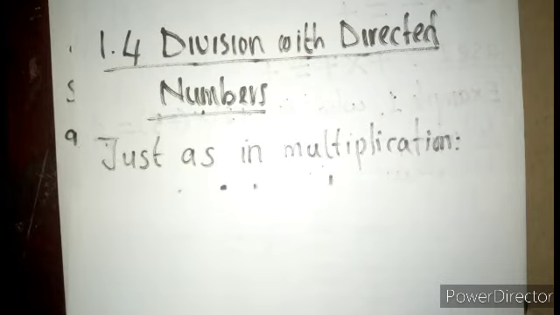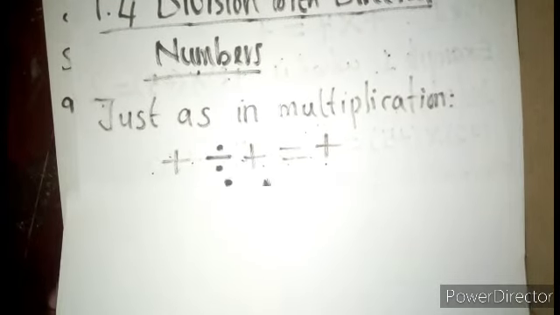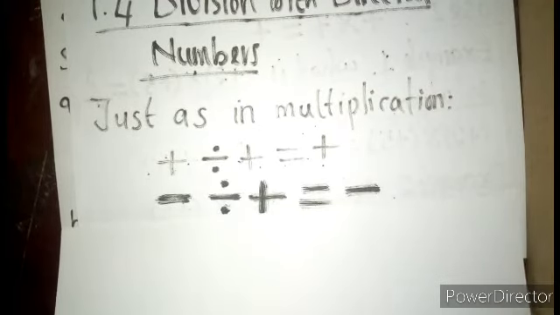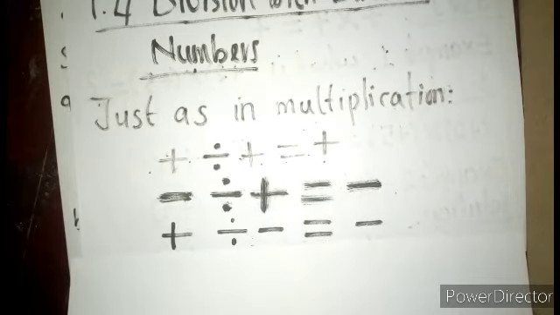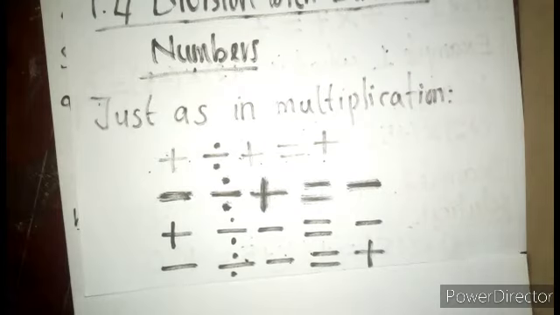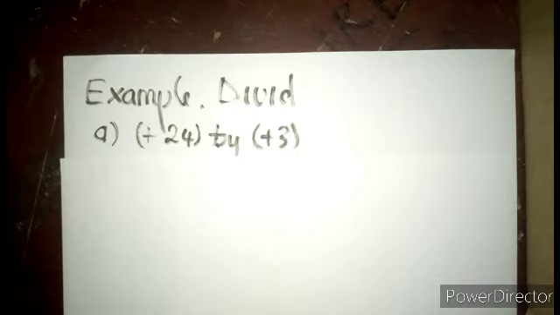Just as in multiplication, plus divided by plus is plus, minus divided by plus is minus, plus divided by minus is minus, and minus divided by minus is plus. So if you are asked to divide these four problems, we start with the first one.